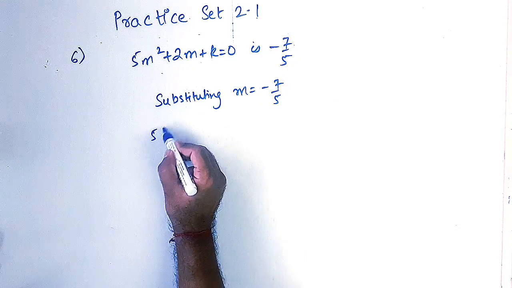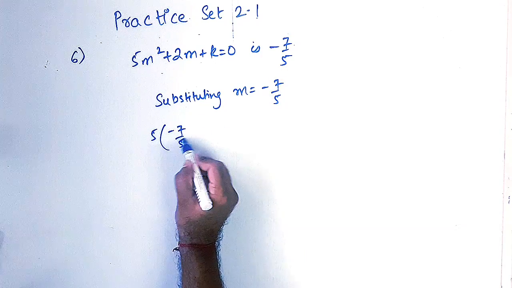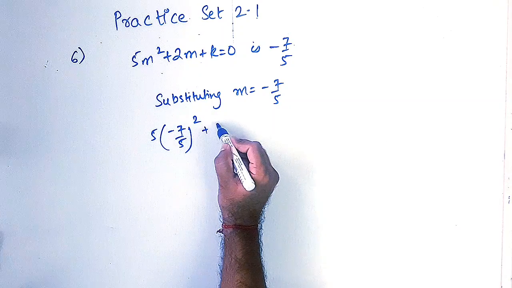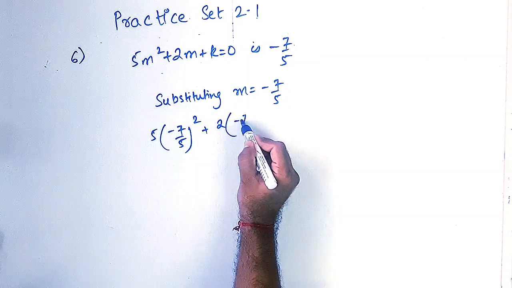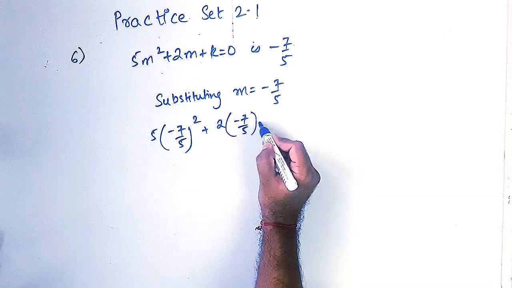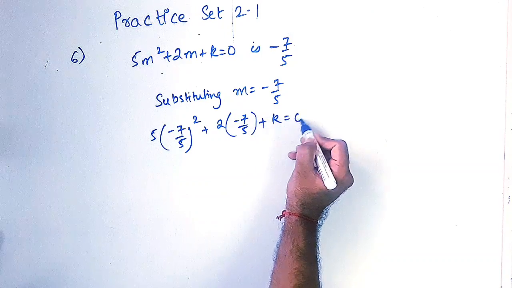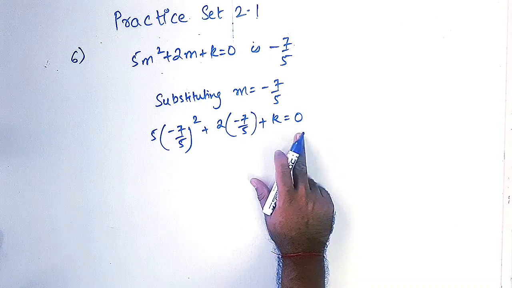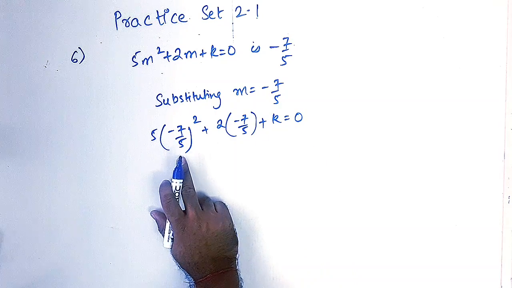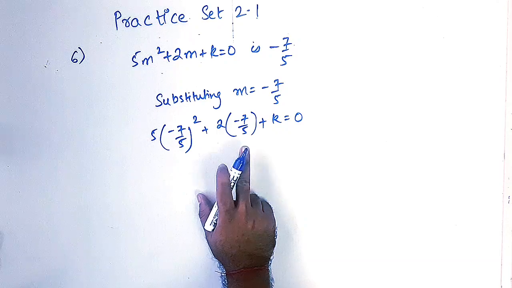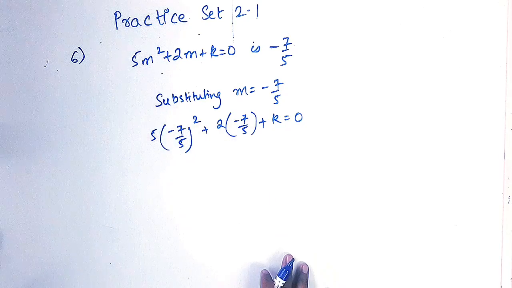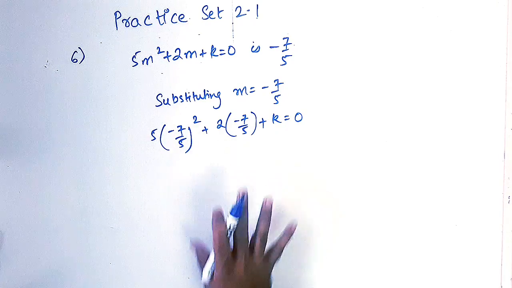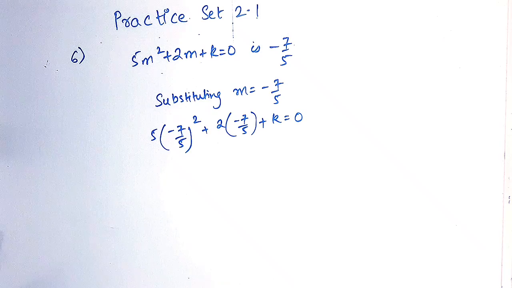So I can write 5 into minus 7 by 5 the whole square plus 2 into minus 7 by 5 plus k equals to 0. RHS has to be 0 because minus 7 upon 5 is the root of this quadratic equation. So this will help us in finding k.